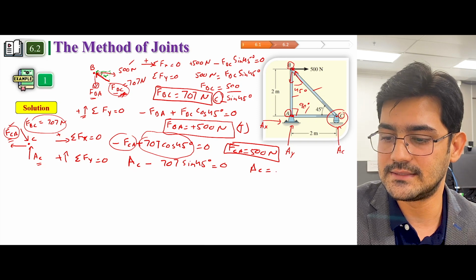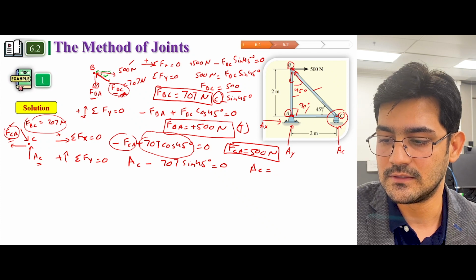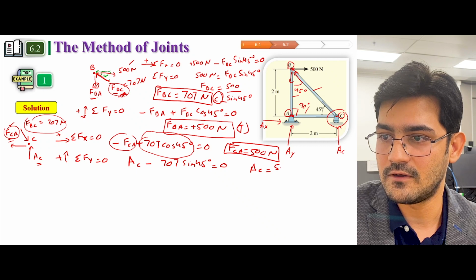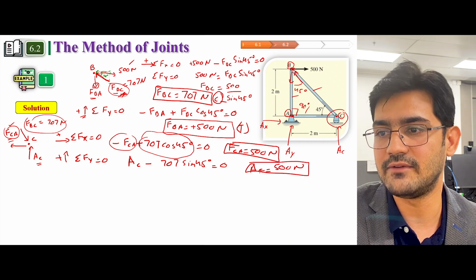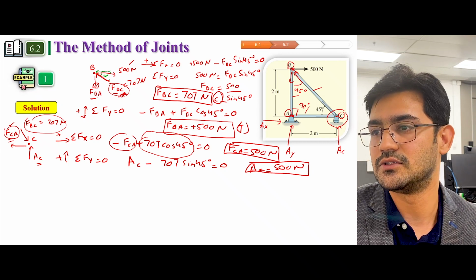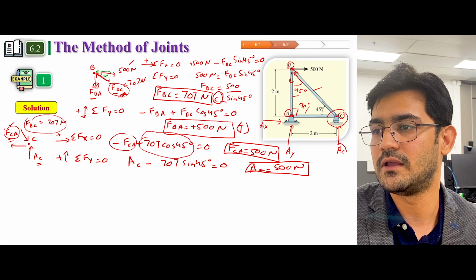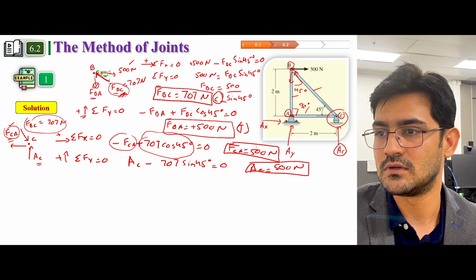So our AC comes out to be something like 500 Newton. So we have AC also, FC also. So we have also solved this joint.